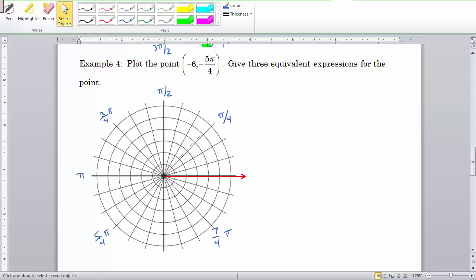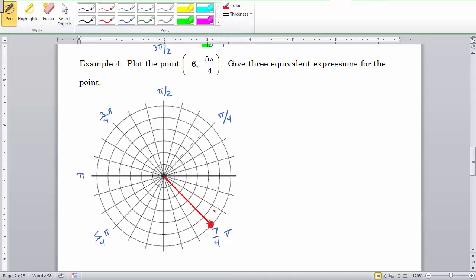Let's see. That would be negative 1/4, negative 2/4, negative 3/4, negative 4/4. That would be negative 5/4. All right, but look, do I want to go toward that? No, I've got to go away from that. 1, 2, 3, 4, 5, 6.